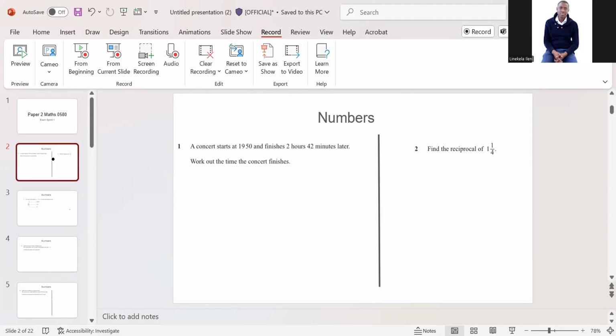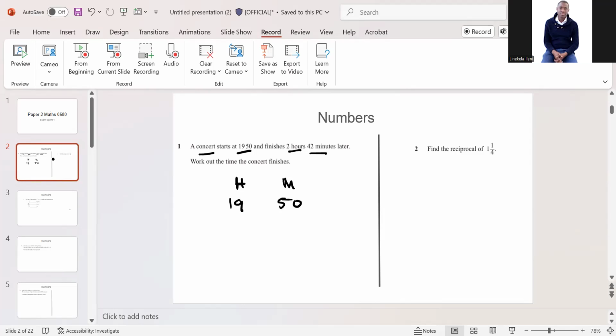So the first question here, we are told the following. A concert starts at 1950 and finishes 2 hours 42 minutes later. Work out the time the concert finishes. Now, it's important whenever you're dealing with time that you organize your hours and minutes. So we are told it starts at 1950.